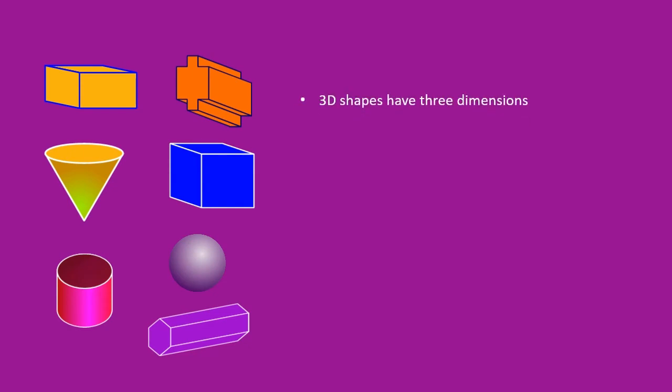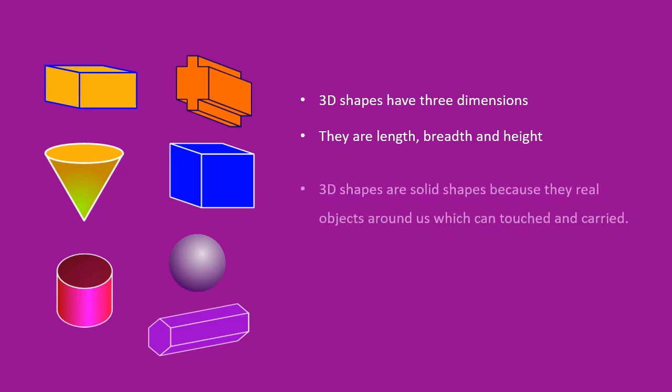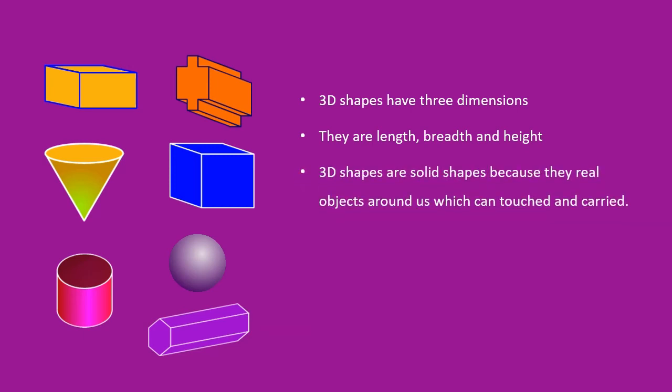Remember what dimension is? Anyway, in the case of 3D objects, we have length, width, and height as their dimensions. Now, 3D shapes are also called solids because they are real objects. They occupy space.